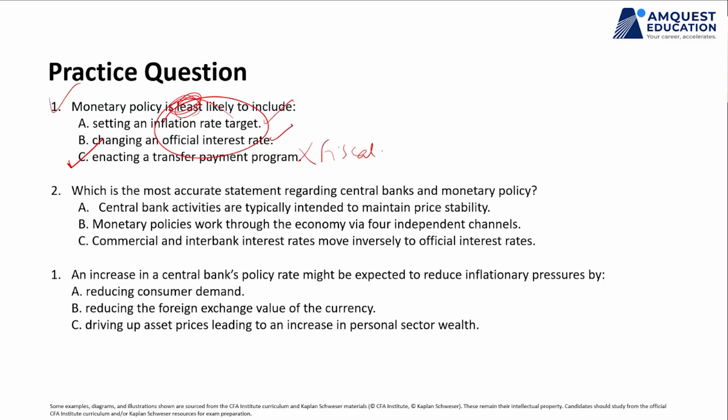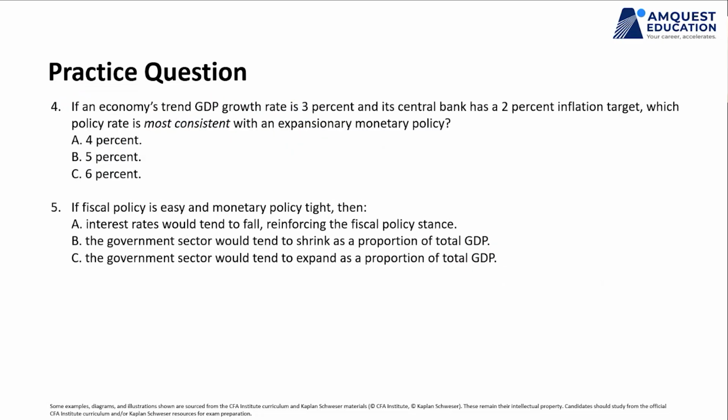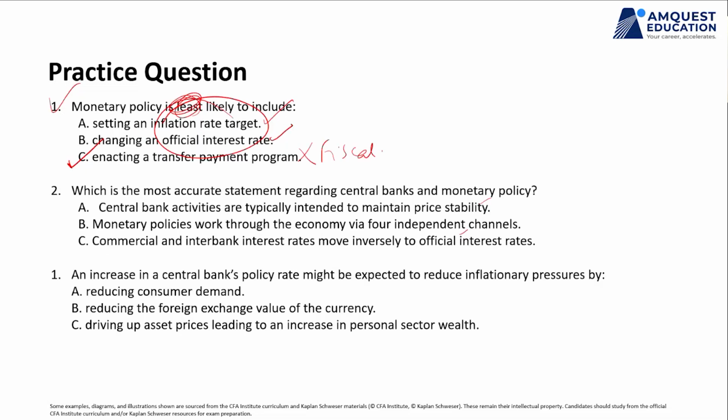Okay. Which is the most accurate statement regarding central banks and monetary policy? Is it about price stability? Do they work through the economy via four independent channels? Maybe. The economy may move inversely to official interest rates. Do they do that? I don't think so. Do they move inversely, or do they move in the same direction? In the same direction, so not inversely, right?